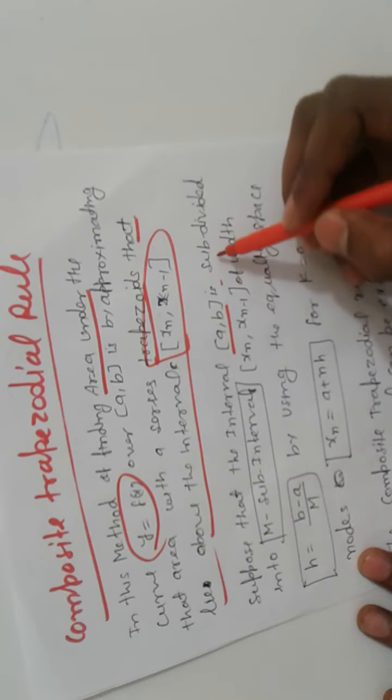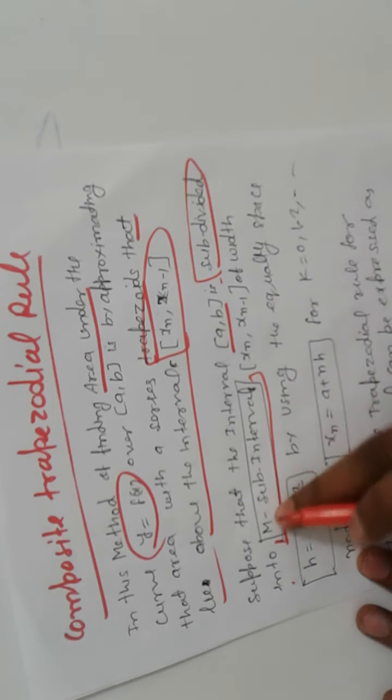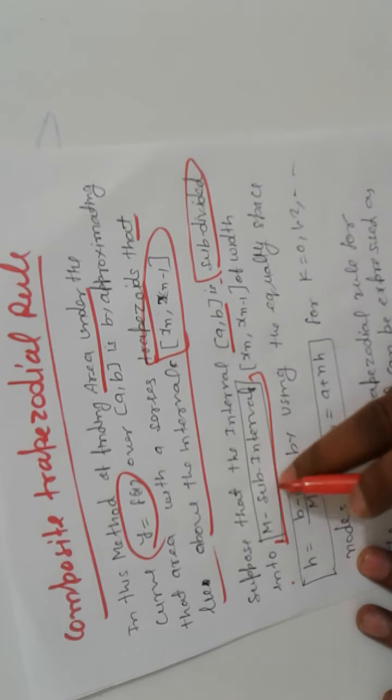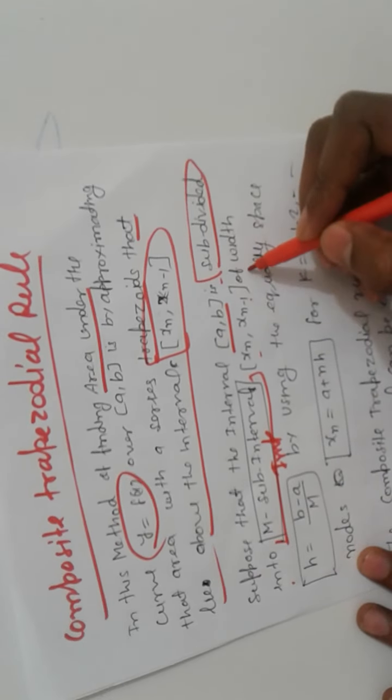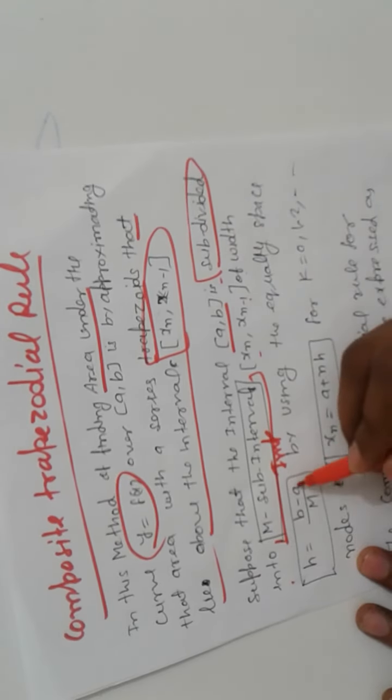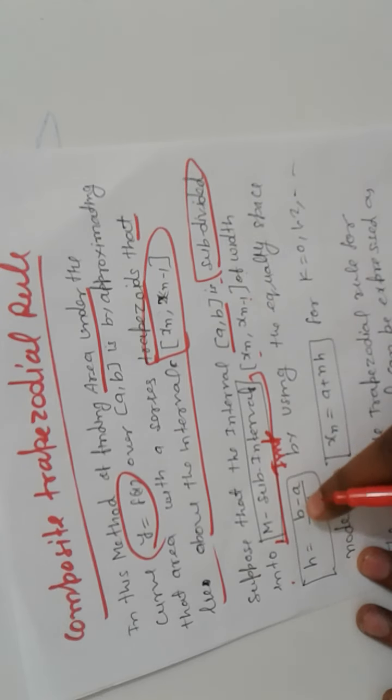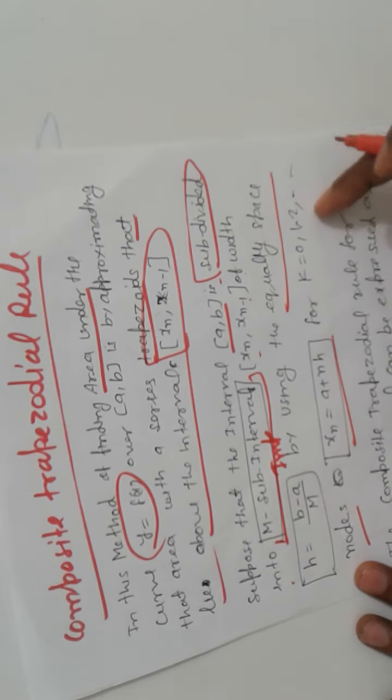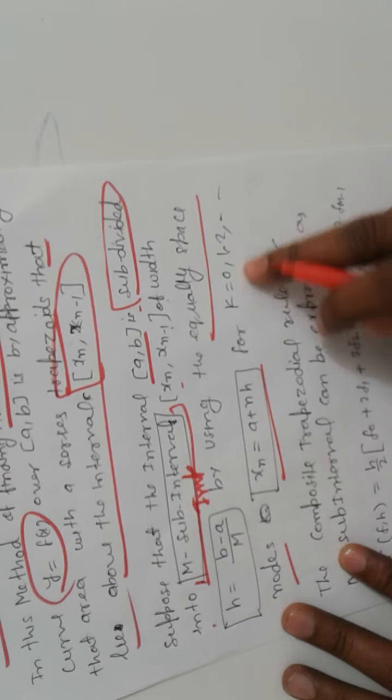Suppose that the interval [a, b] is subdivided into m subintervals, which is important, each of width h equal to (b minus a) upon m, the upper limit minus the lower limit divided by the number of parts, using equally spaced nodes x_k for k equal to 0, 1, 2, 3, and so on.